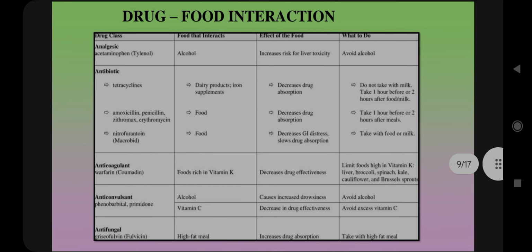Next is the antifungal, that is griseofulvin. It should be taken with a high fat meal because it increases the drug absorption. I think something is written wrong here, so you should check it on the internet.